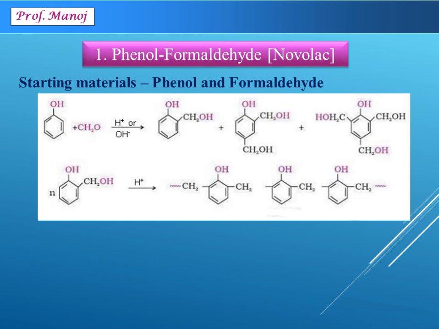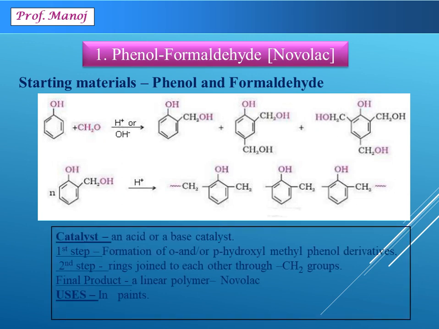Now, formaldehyde is HCHO, but when we are writing it, we deliberately write it as CH2O. Now, this CH2O gets treated with phenol either at ortho position or ortho para position or position numbers 2, 4, 6. When we consider only ortho product and polymerize it, we get a linear polymer called Novolac.